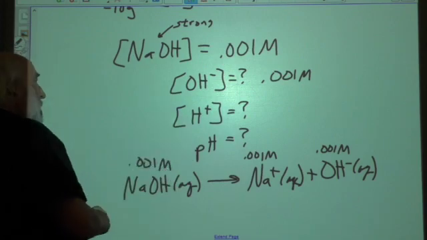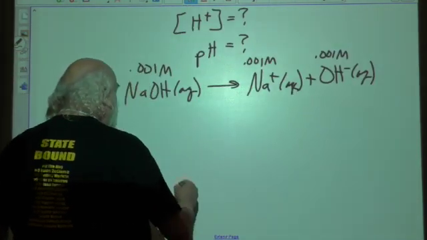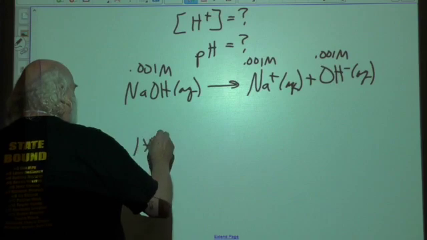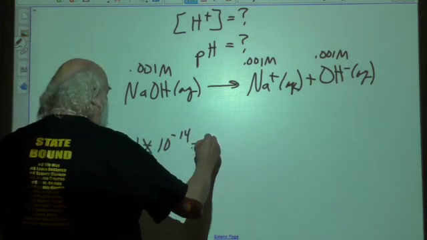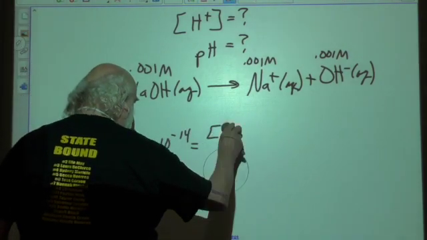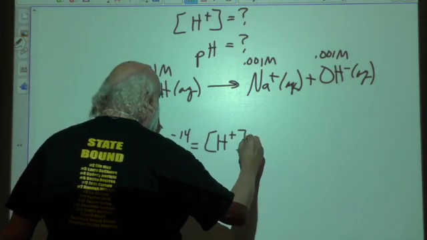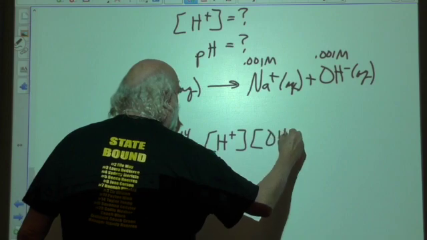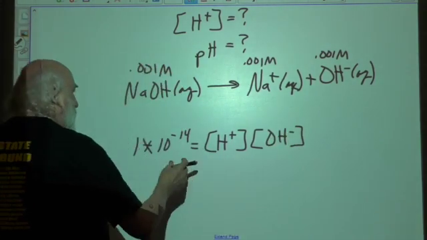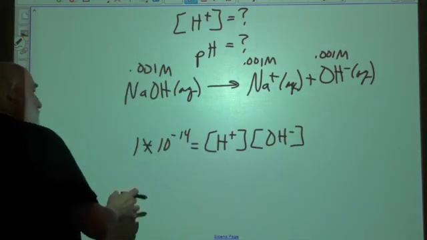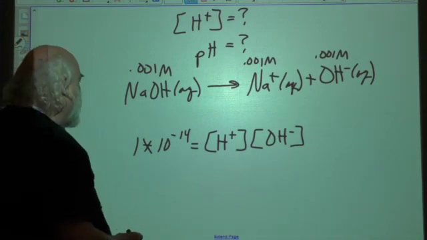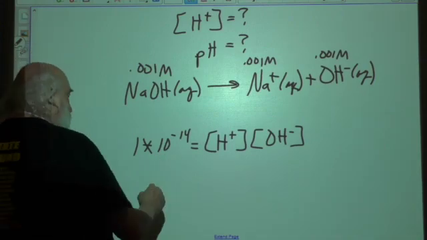Every time. Now the hydrogen, since we know that 1 times 10 to the negative 14 is equal to hydrogen times hydroxide, we can rewrite this so that hydrogen is by itself by dividing by the hydroxide concentration.